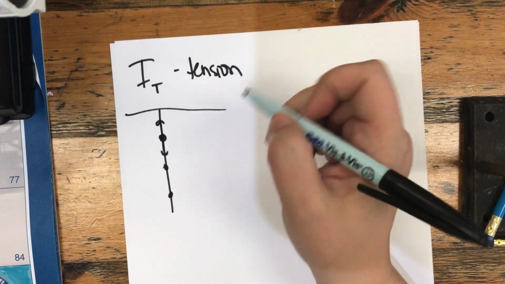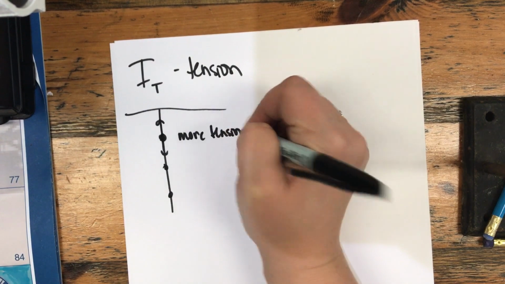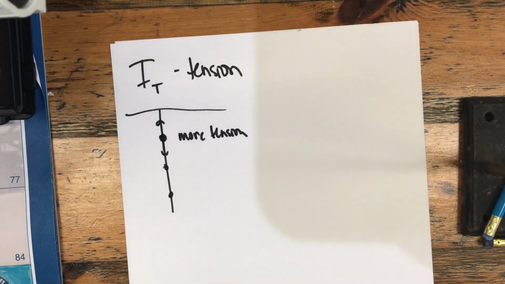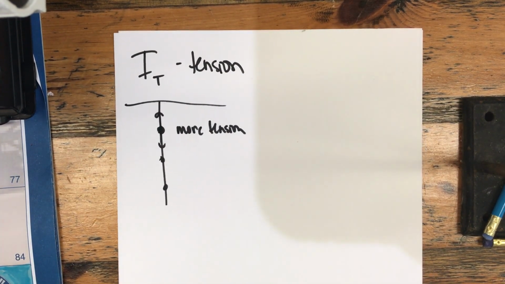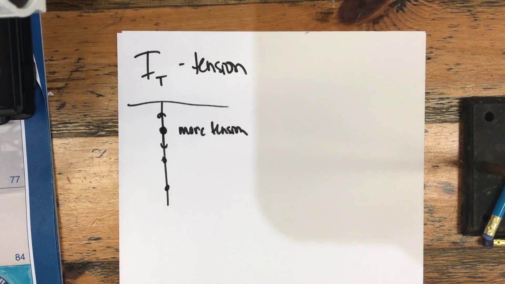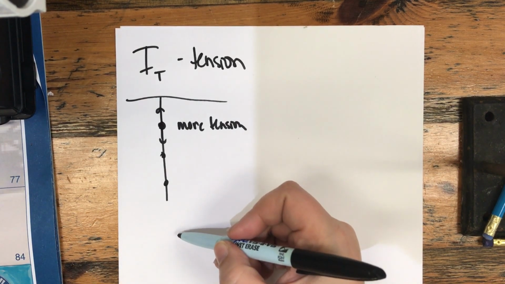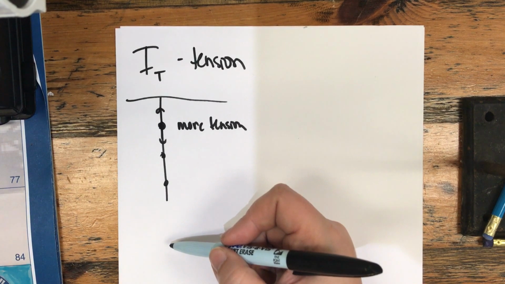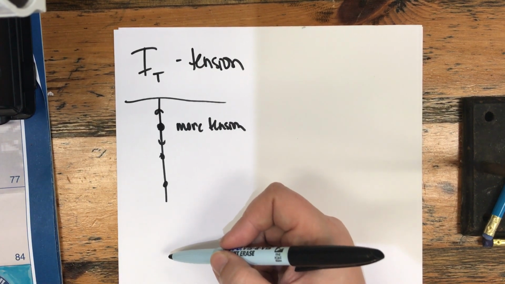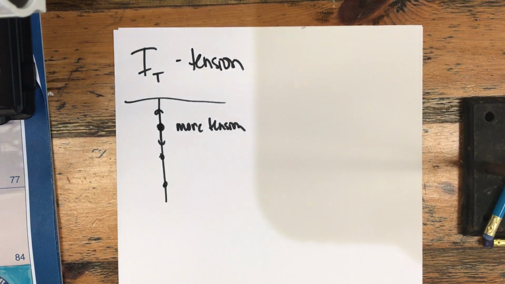But the higher up you are in the string, you're going to have more tension because there's just more weight of the string down towards the bottom. Right? So that's an example if the string didn't have negligible mass. But a lot of times we're just going to be dealing with objects where the string mass is negligible, right? And it's just connecting two things, or it's being used to apply a force essentially.